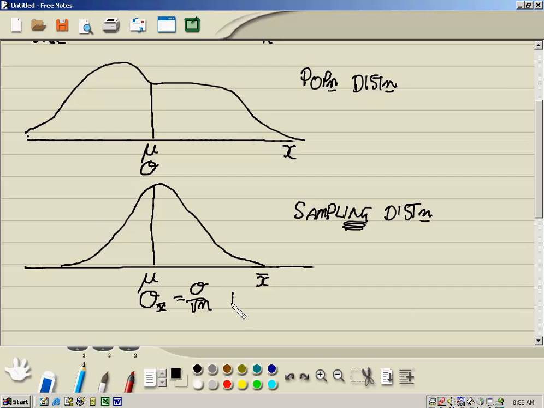So what we do is we estimate this, in normal situations, with s sub x bar, which is calculated the same way as sigma sub x bar, as s divided by the square root of n. Sample standard deviation divided by the square root of the sample size.